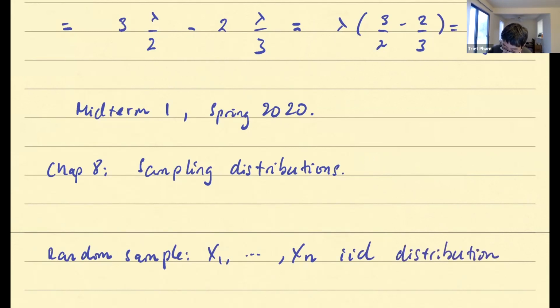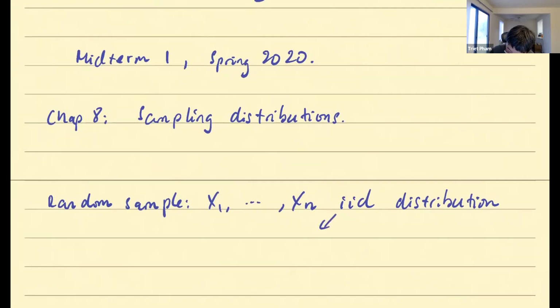To remind you, the first I means independent. The second I means identical.